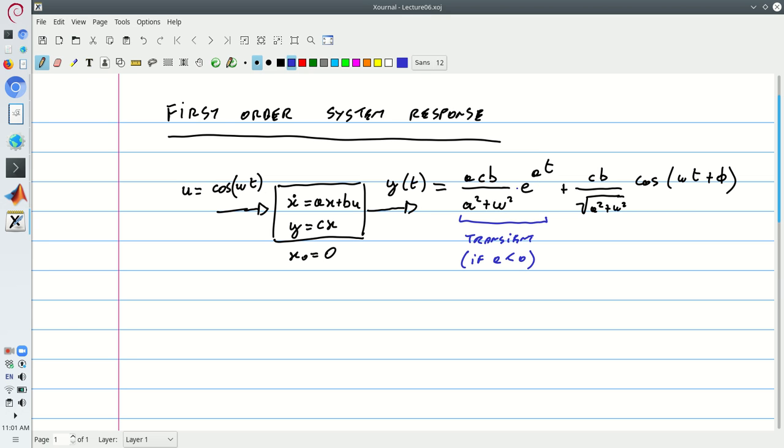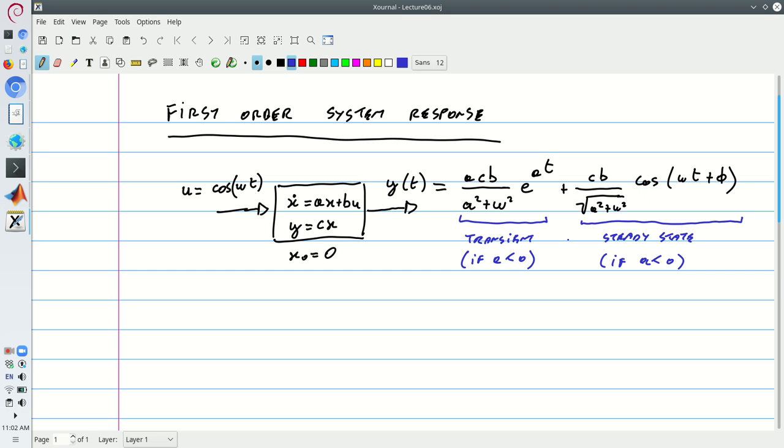If a is greater than 0, all this analysis still holds, the expression is still correct, but the exponential is going to dominate very quickly whatever you get from the cosine, because the other term, that is the steady state response, is bounded, so quickly the exponential will come to dominate.